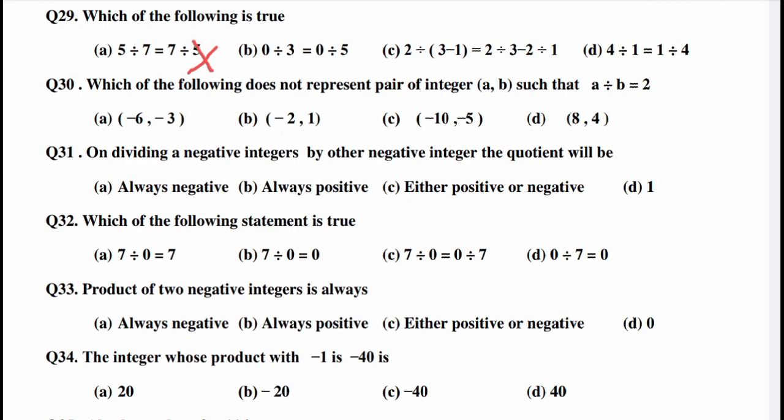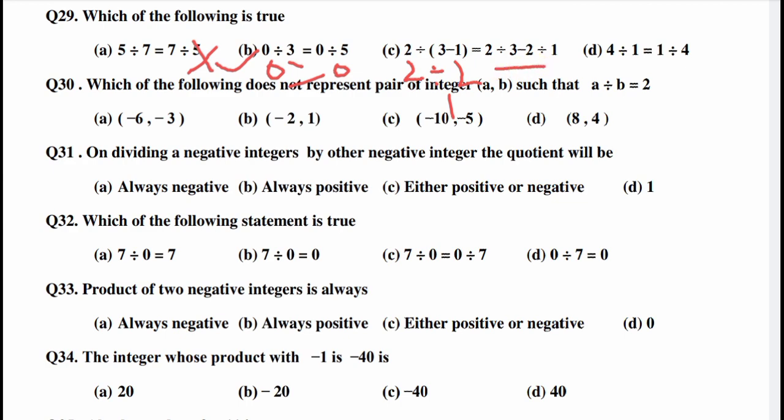Then 0 divided by 3 is equal to 0 divided by 5. Yes, this is true because by doing this division we will get 0. Then 2 divided by the bracket 3 minus 1, that is 2 divided by 2, and 2 divided by 2 is equal to 1.